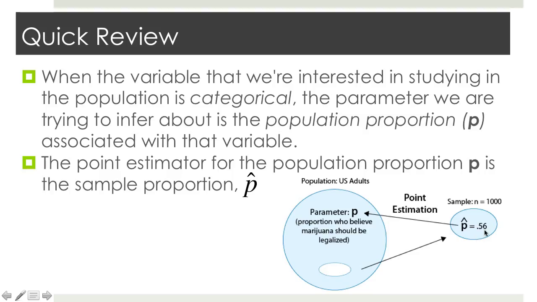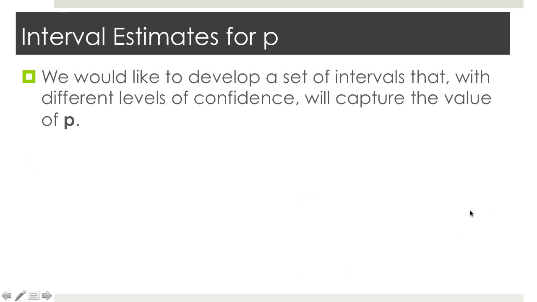So 0.56 is our sample proportion, P hat, and that is estimating the population proportion P, which we don't know for sure. That's what we're trying to infer about, this number P, from the information that we have. What we'd like to do is develop a set of intervals that, with different levels of confidence, are going to capture that value of P.